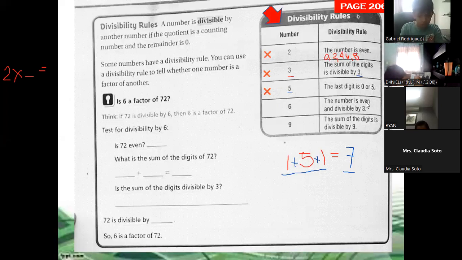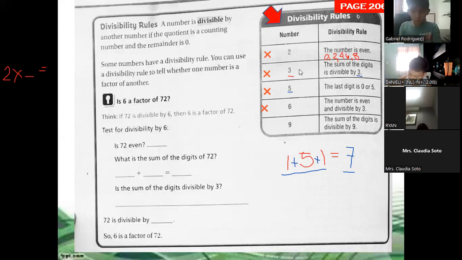A number is divisible by 6 if the number is even and divisible by 3. So here we already know that 151 is not even and it's not divisible by 3. So it's not divisible by 6. Aquí para que sea divisible por 6 tiene que cumplir con las 2 reglas anteriores.